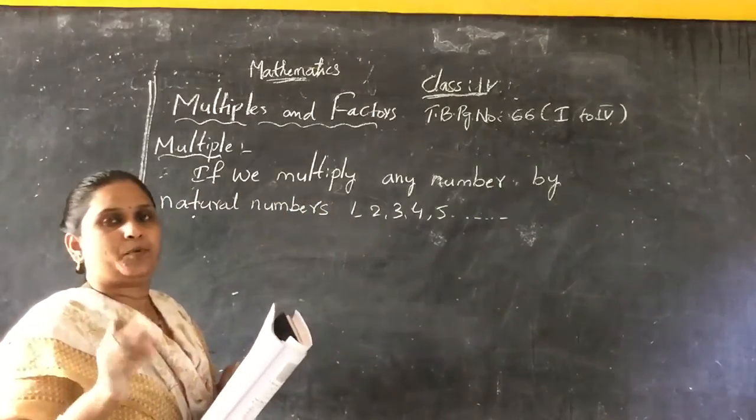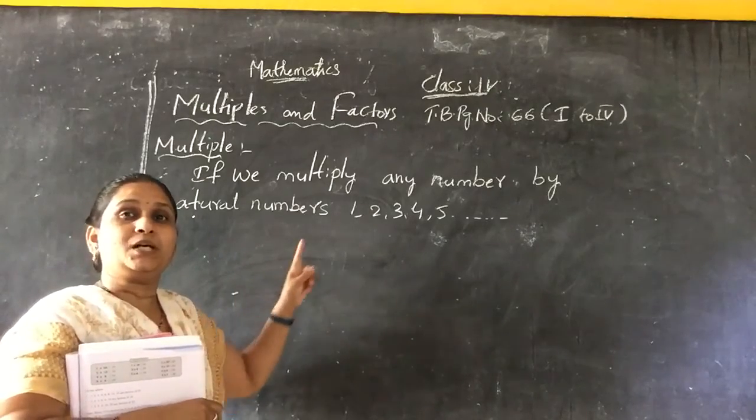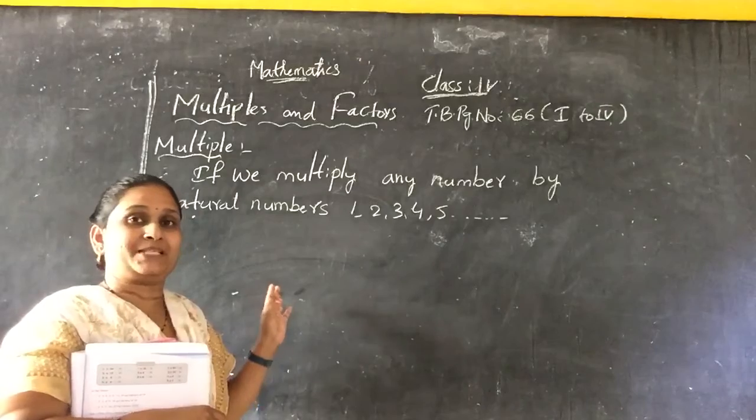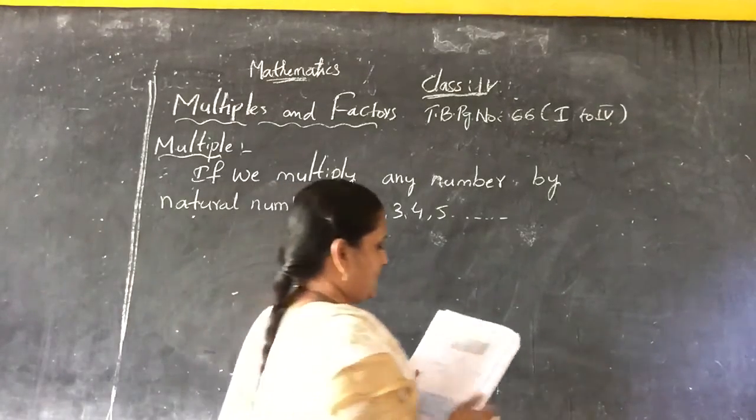There is no end point, but natural numbers, remember children, start with 1 and there is no end point, and whole numbers start with 0 and we do not have any end points.